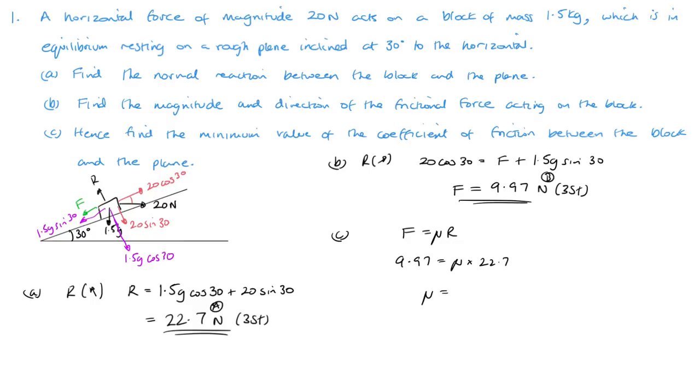So mu is 0.439 to 3 significant figures. So that's the minimum value of mu, the coefficient of friction, to stop the block sliding down the slope. Okay, and that is question 1 complete.